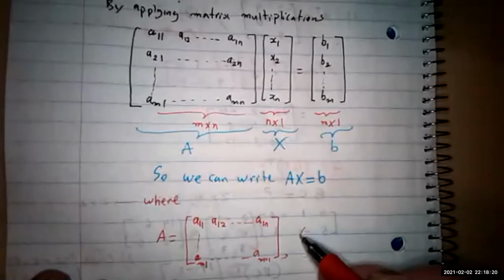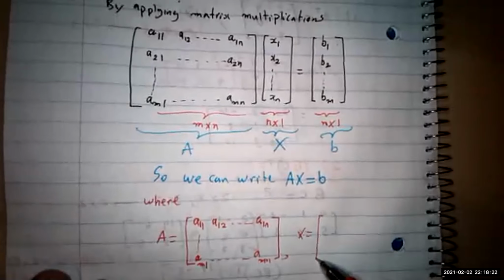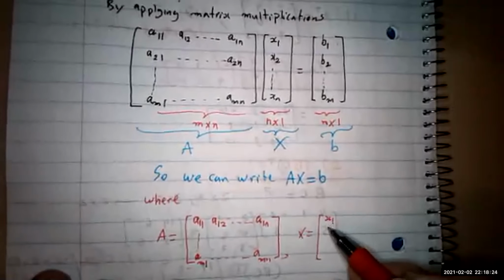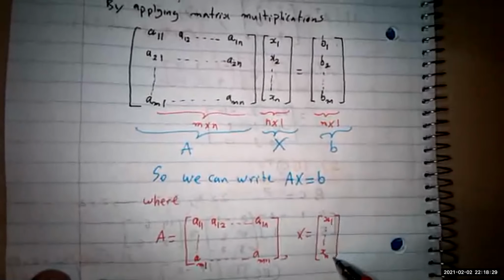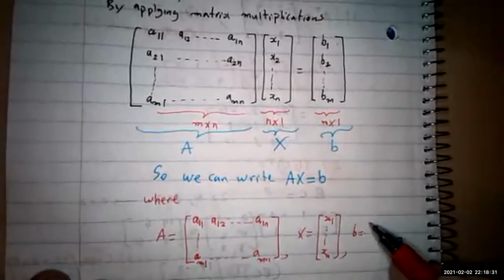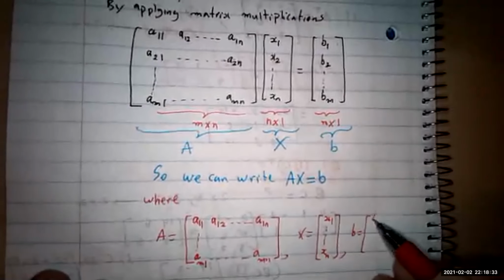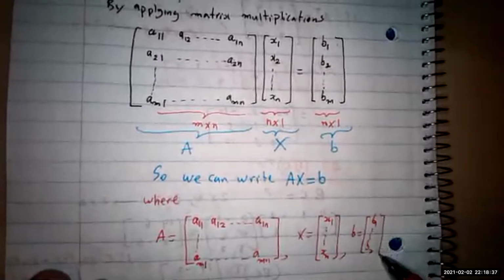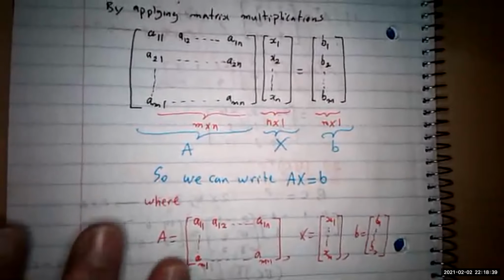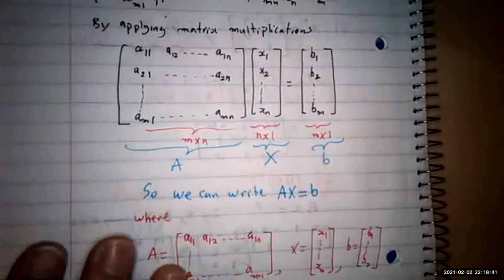And this X is going to be the matrix of the unknowns, x1 up to xn. And that B is going to be the constant matrix, the constant terms. So that would be the matrix format of the system of equations.